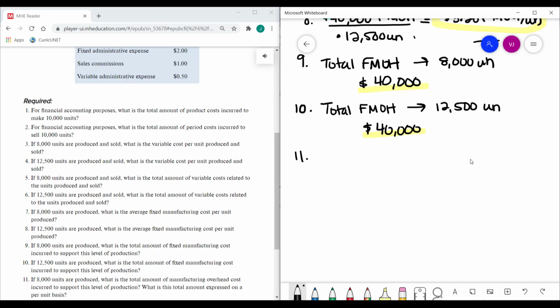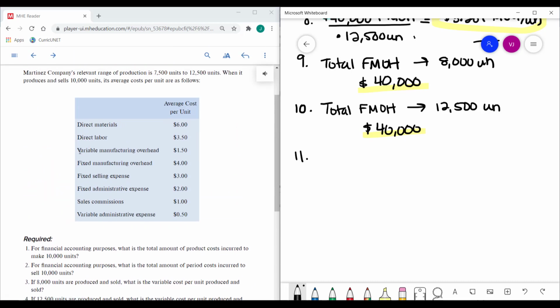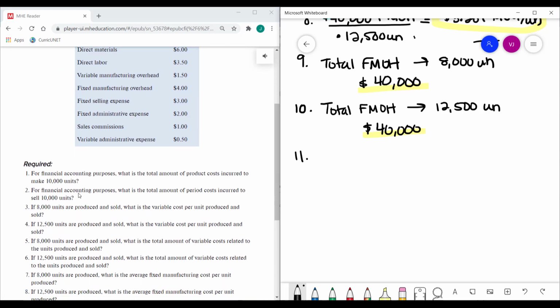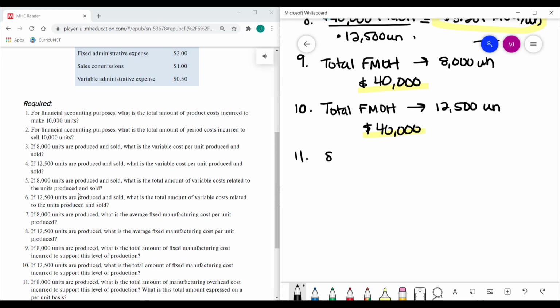Total manufacturing overhead cost is broken up between variable overhead and fixed overhead, right? So they're asking what the total manufacturing overhead is when we produce 8,000 units, not just the fixed element, not just the variable element, but what the total is.